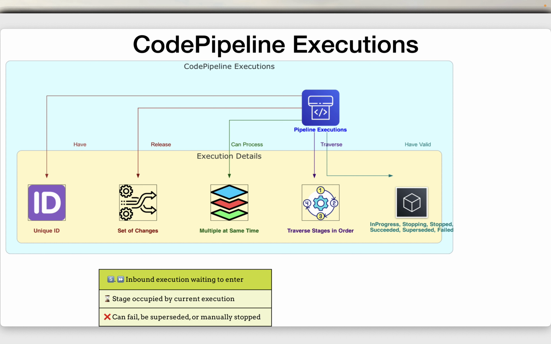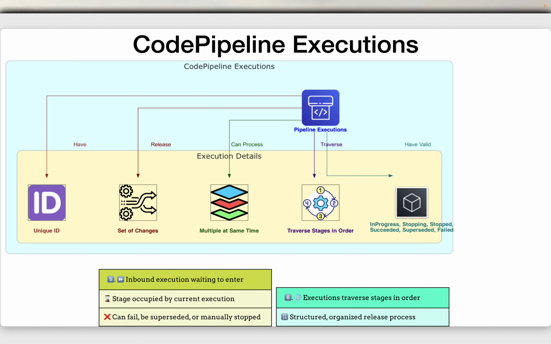When a stage is occupied by an execution, the next execution waiting to enter that stage is referred to as inbound execution, which can still fail or be superseded or be manually stopped. Pipeline executions move through the stages of the pipeline in a specific order, ensuring a structured and organized release process.